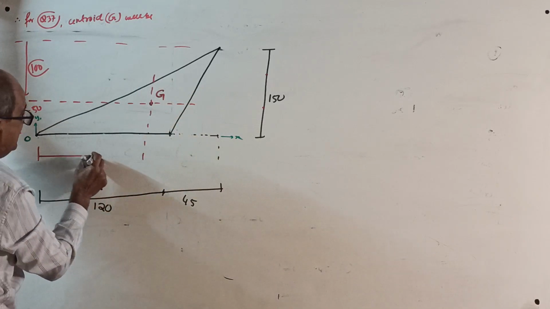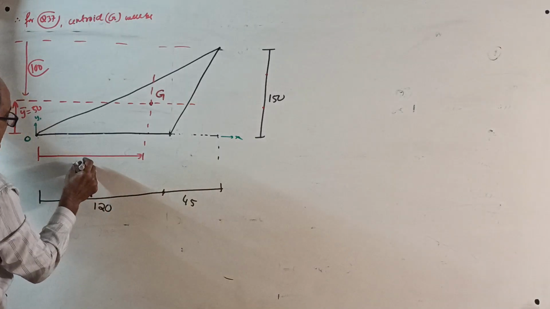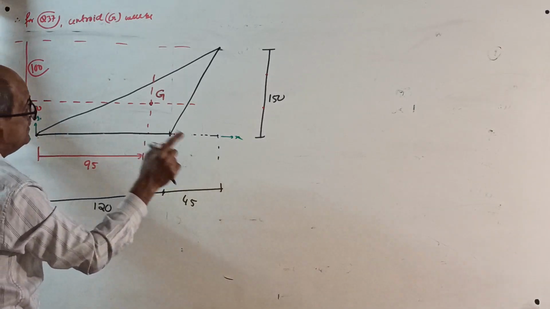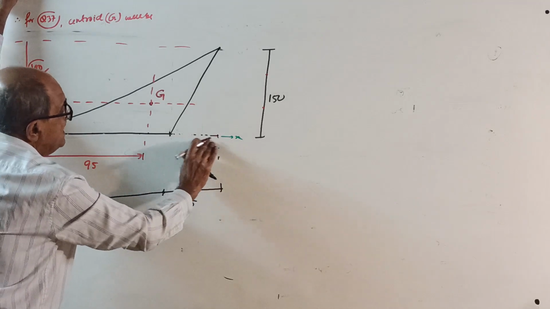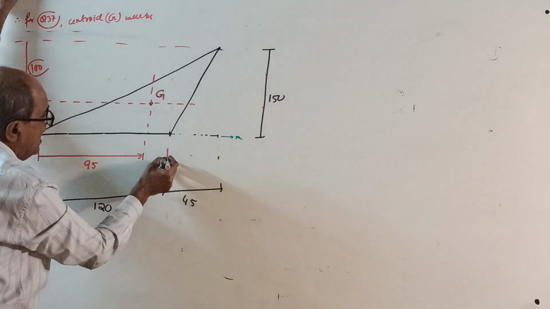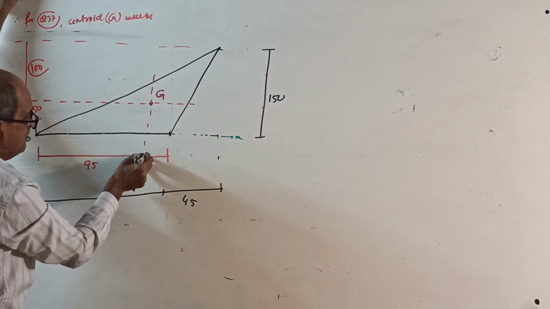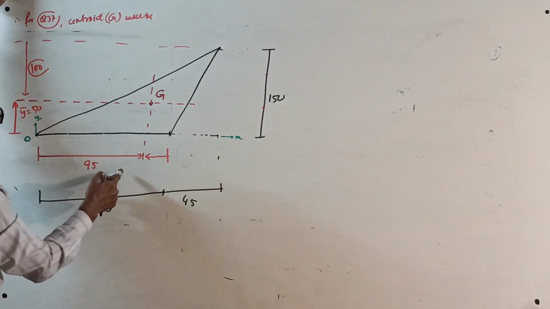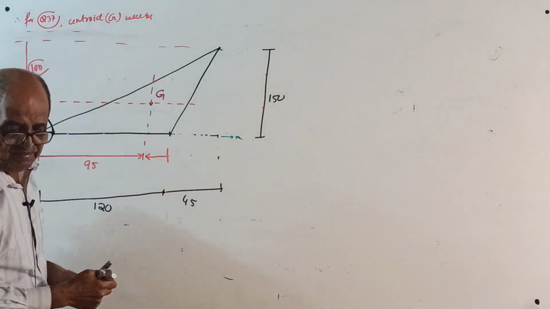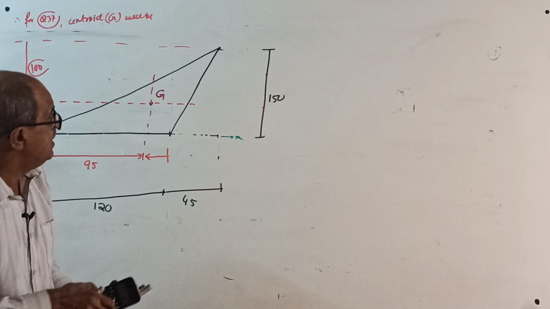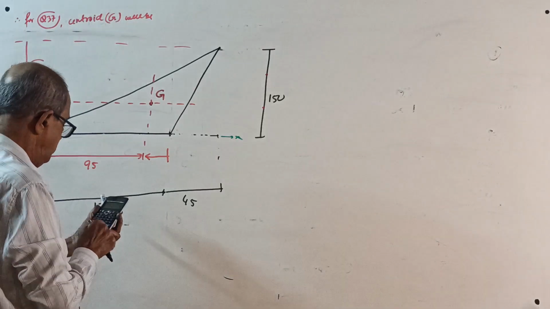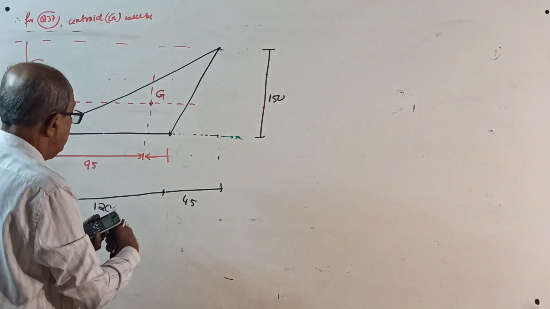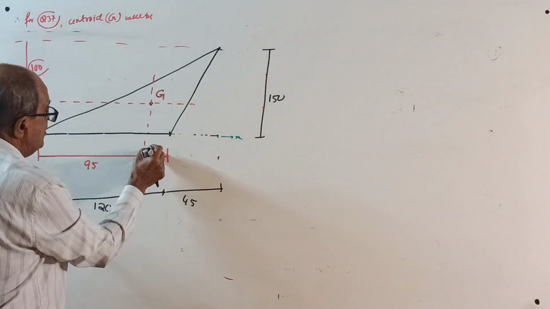From here to here is 95. Suppose you want from here, not here. See, this is an imaginary line. Suppose somebody wants the answer from here. From here it will be 120 minus 95, which is 25.